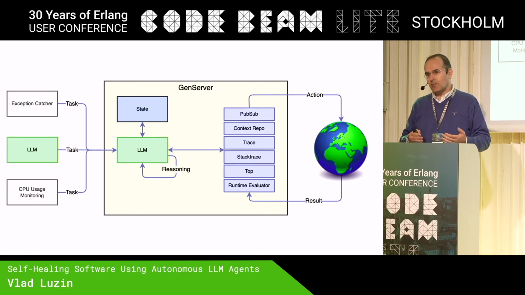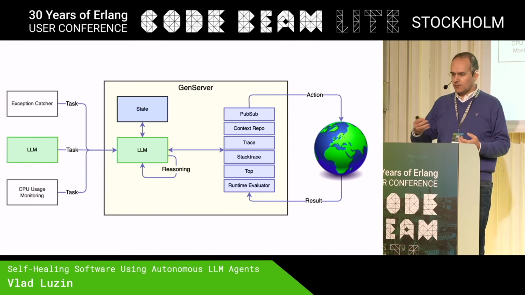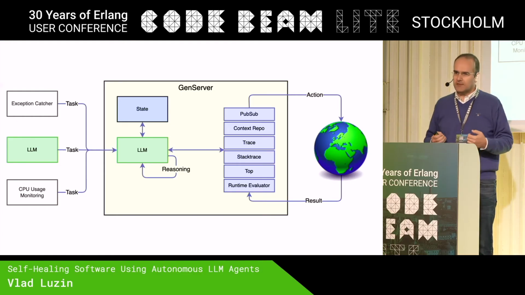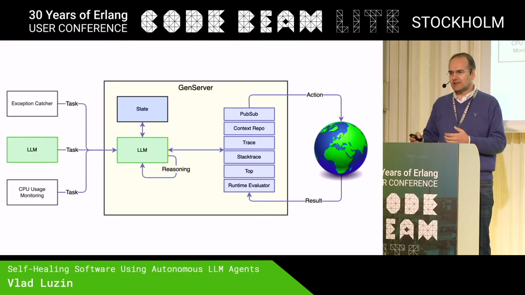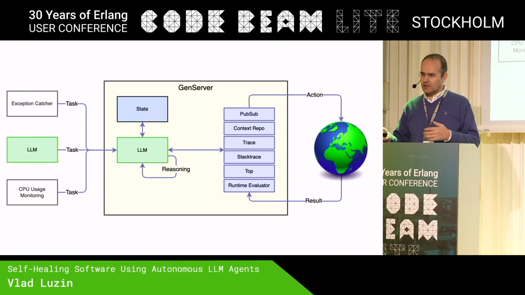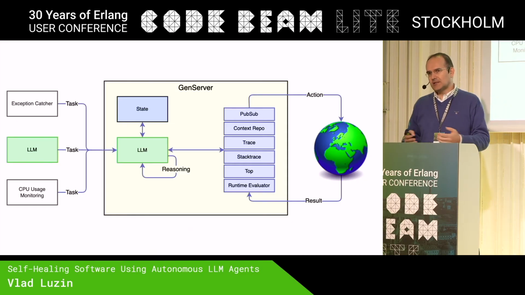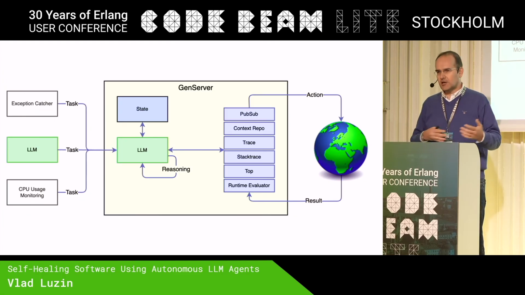And because we need this agent to interact with the external environment, we give tools to the agent. First of all, we give a pub/sub, so the agent can communicate with the front end or with another agent. We give the agent the context repo, so it can extract the source code to be fixed and so on. And we give the agent the same information and tools that Sasha used in his demo.